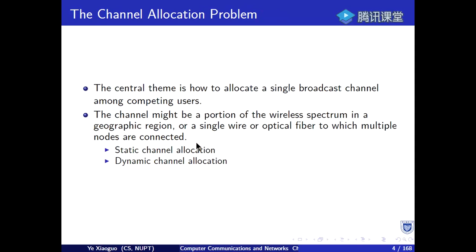So we will focus on the channel allocation problem. The central theme is how to allocate a single broadcast channel among competing users. The channel might be a portion of the wireless spectrum in a geographic region, or a single wire or optical fiber to which multiple nodes are connected.